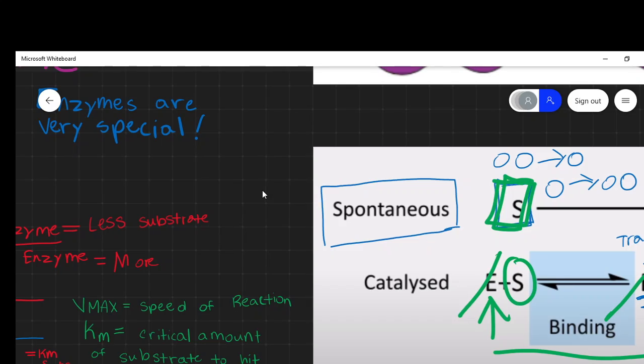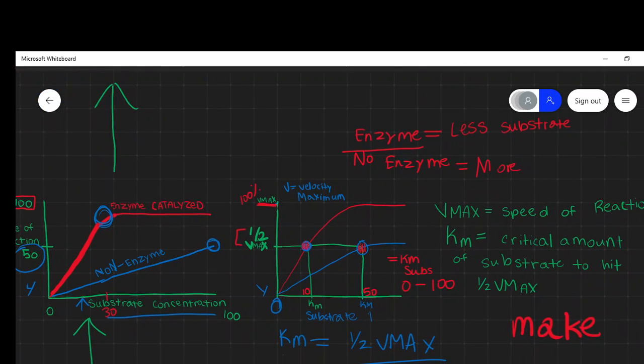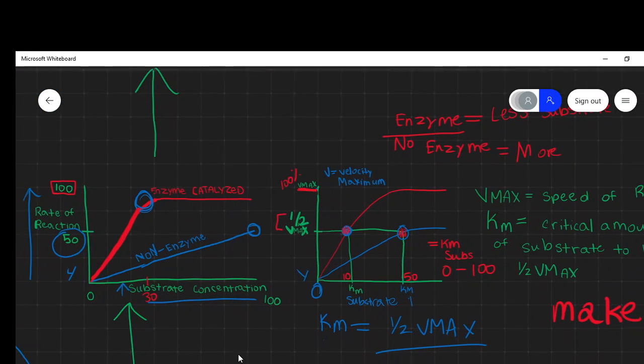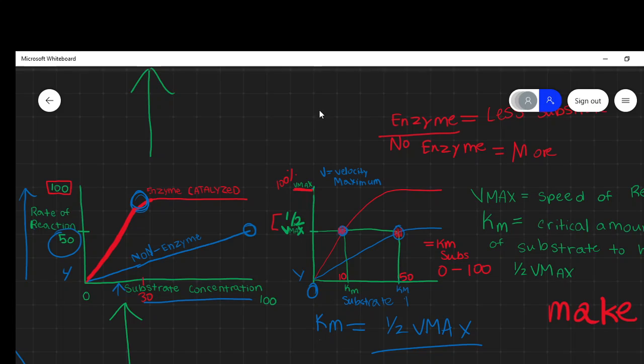Let's look at these graphs now. They show what we just discussed about enzyme and non-enzyme and the amounts of energy, except in this case we're talking about how fast a reaction is going to happen. The blue lines are the non-enzyme, and the red lines are with an enzyme.